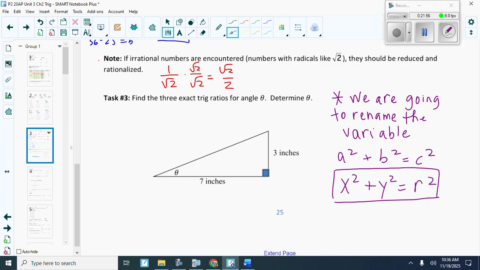Don't worry if you're kind of going, not sure. We haven't got there yet. I haven't drawn the Cartesian plane. I'm just saying that we're going to start renaming this. So our horizontal is always going to be our x, our vertical is always going to be our y, and our hypotenuse now becomes our r value.